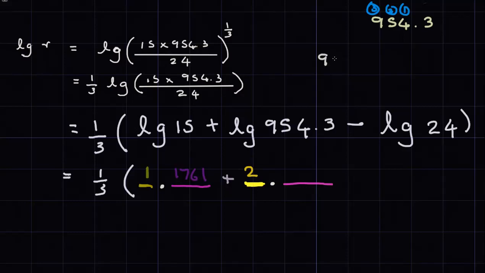Or if you know scientific notation or standard form, how can you write this in scientific notation? 9.543 times 10 to the power 2. So you see 2 here, then that becomes the characteristic. All right.